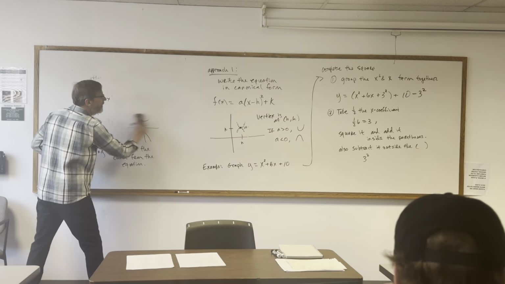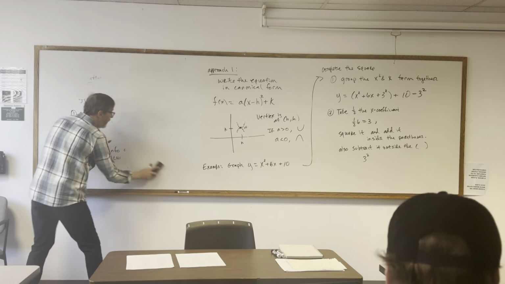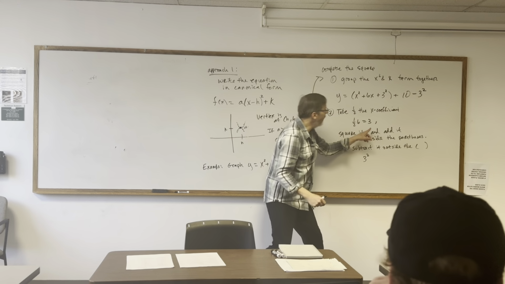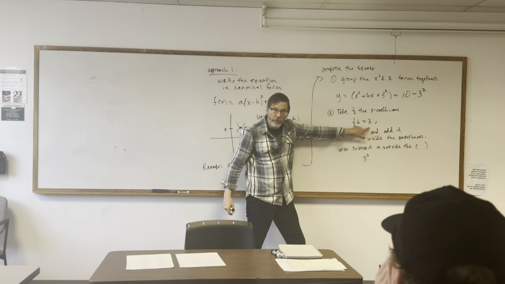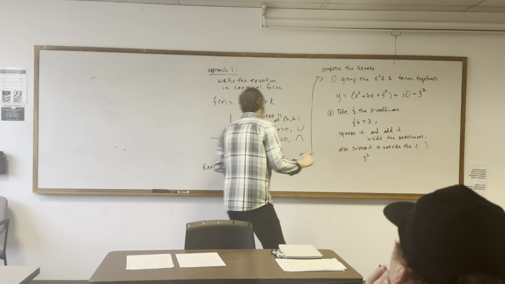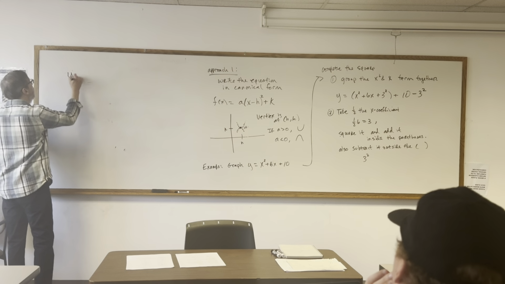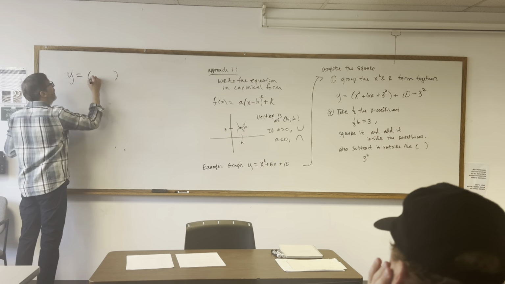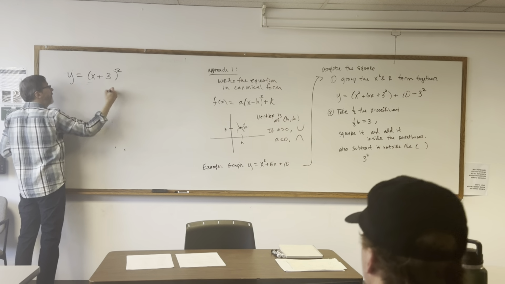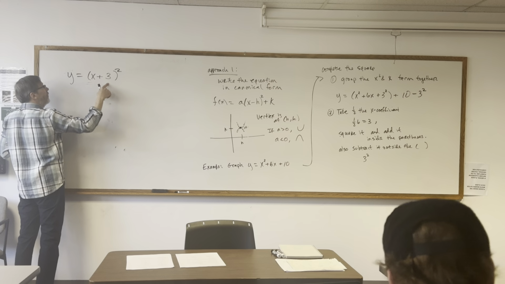We did that because now we have a perfect square inside the parenthesis. So whatever you got here, when you took half that, that's the thing that we squared, but it's also the thing that I add on to x inside the parentheses with the square.